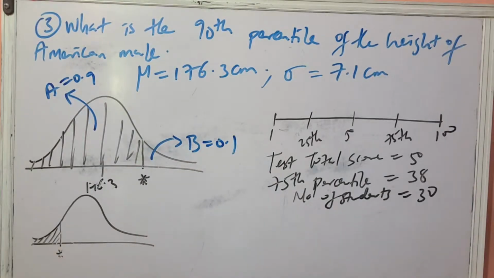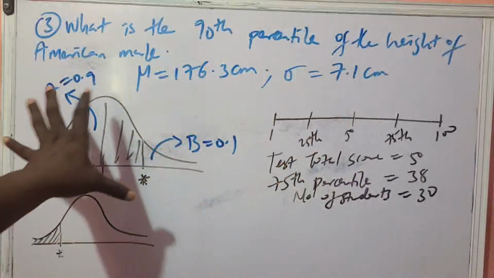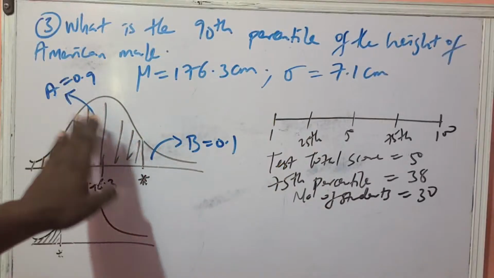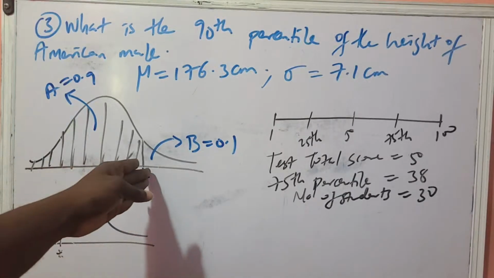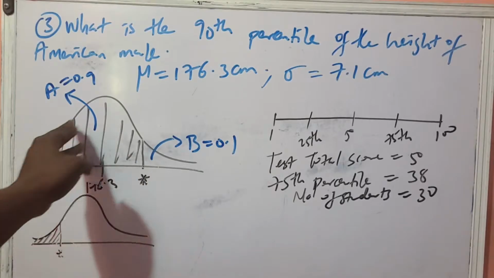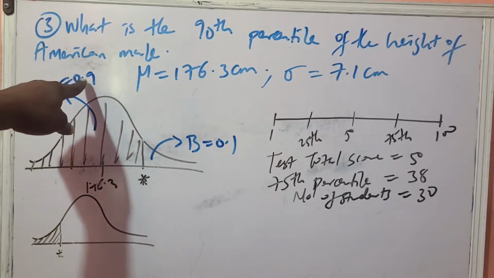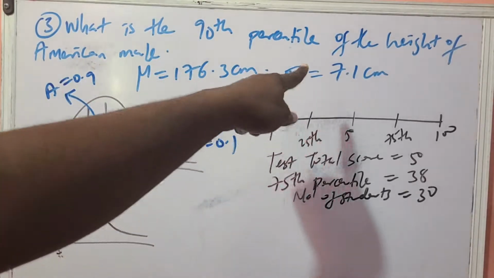It's that simple. So now, if I had, for instance, a normal distribution table that had a mean of 176.3 and standard deviation of 7.1, I'd go out to just check for the area of 0.9, what was the Z score that produced an area of 0.9? I'm sure you guys remember that I told you already that you read your table from left to right. So in this case, if I wanted to find this score, I would look for an area of 0.9 and ask myself, what score produced an area of 0.9 when I had a table that had mean of 176.3 and standard deviation of 7.1?